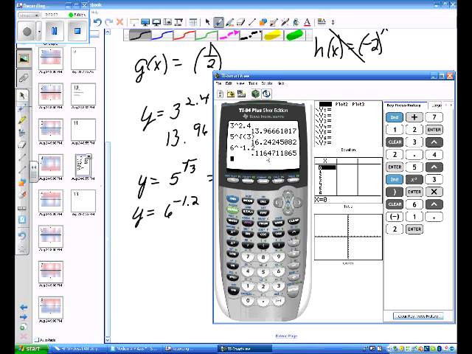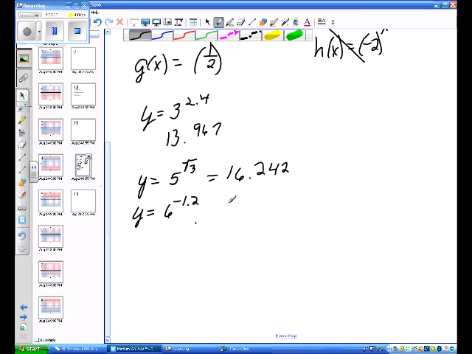So rounded to 3 decimal places, this would stay a 6, so we would have 116 thousandths. And then if we had y is equal to e to the 3.4.